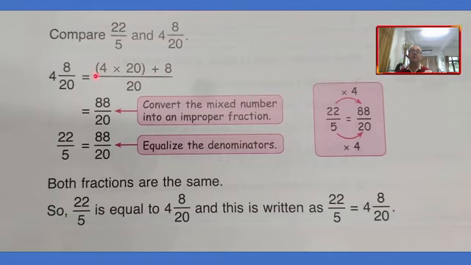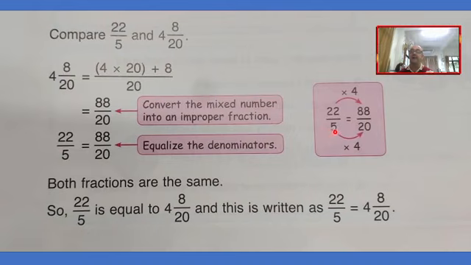Okay, so for 22 over 5, all we do is the same kind of thing. Okay, let's look here. 22 times 4 is 88.